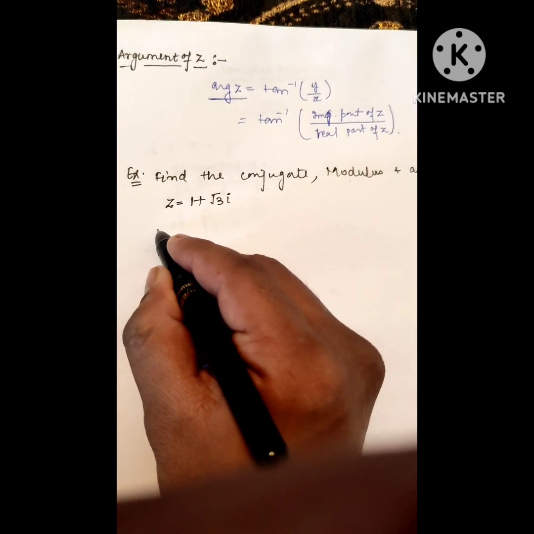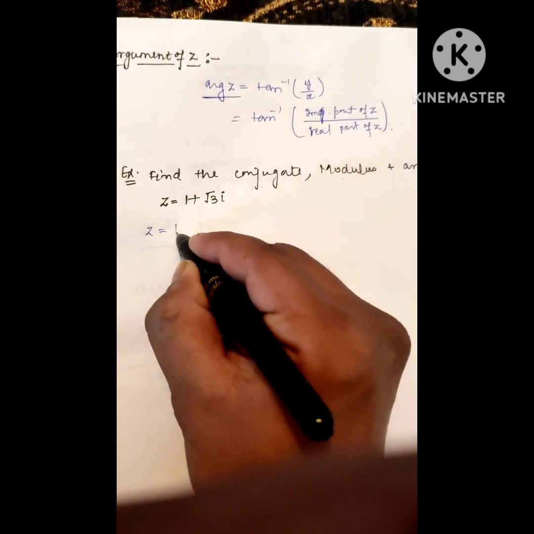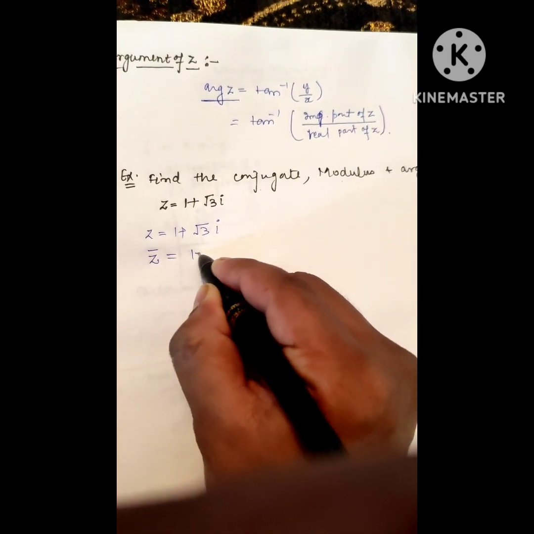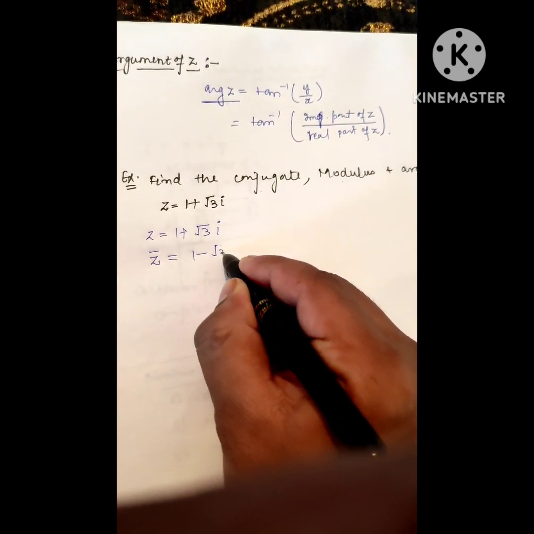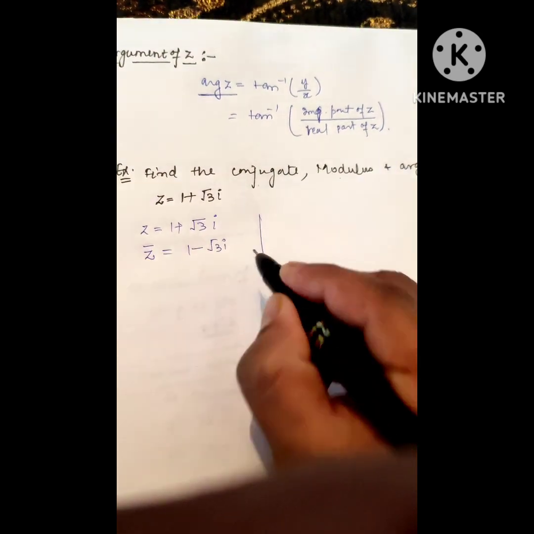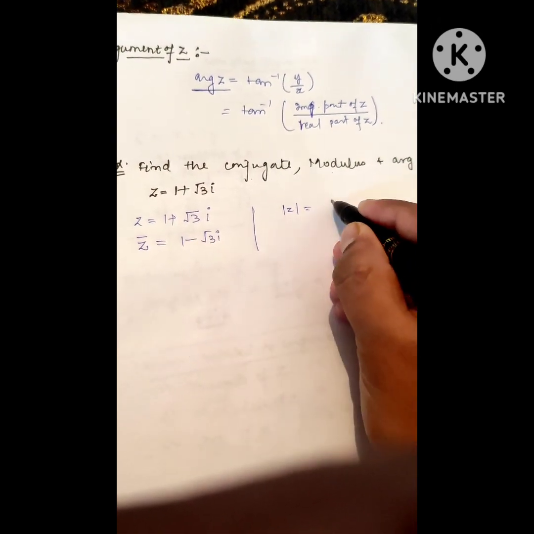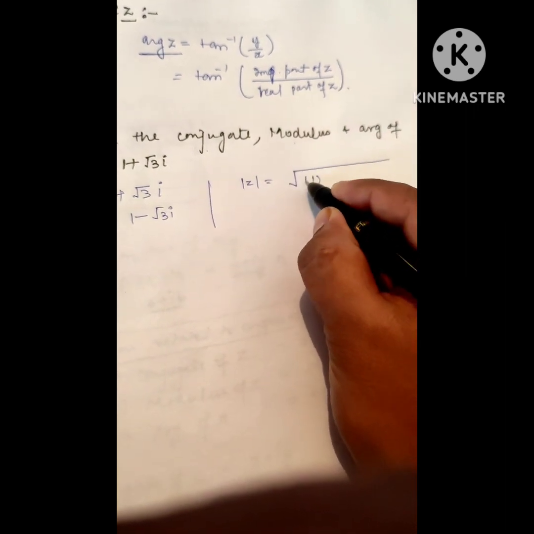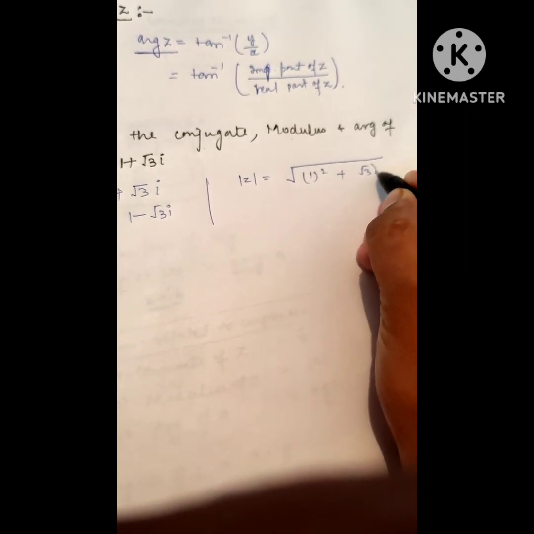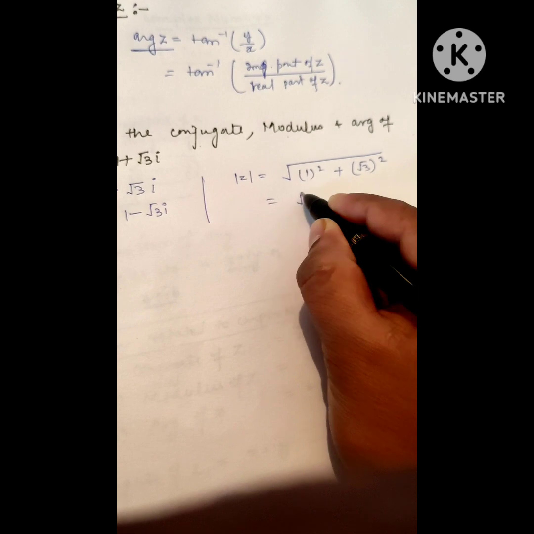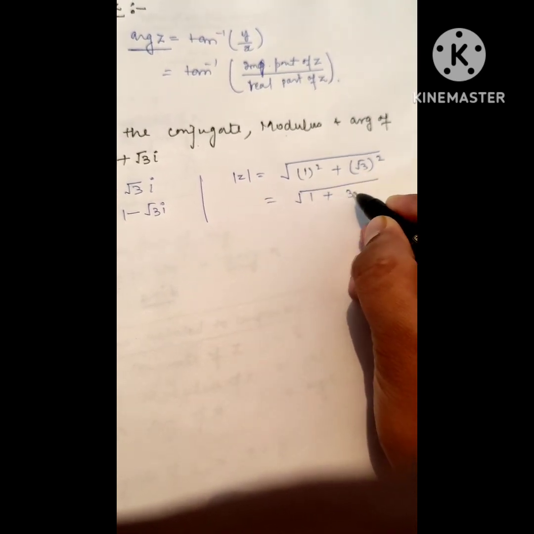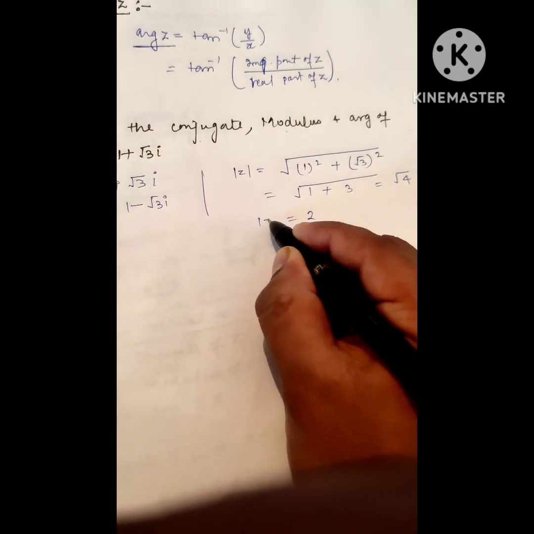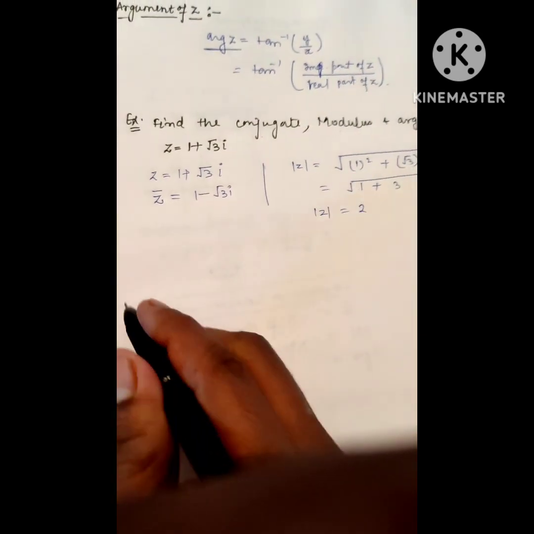First of all, the conjugate of Z is simply 1 minus root 3 iota, changing the sign. Now modulus of Z: real part is 1 square, imaginary part is root 3 square, that is 1 plus 3, under root 4, that is 2. So modulus of Z is 2.